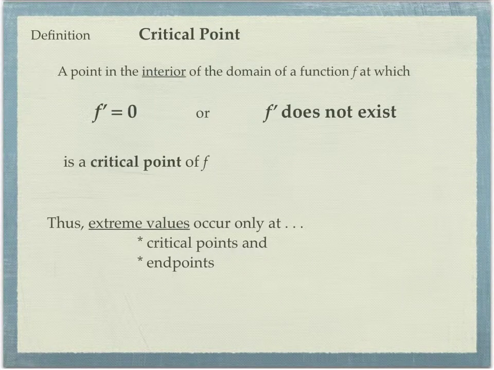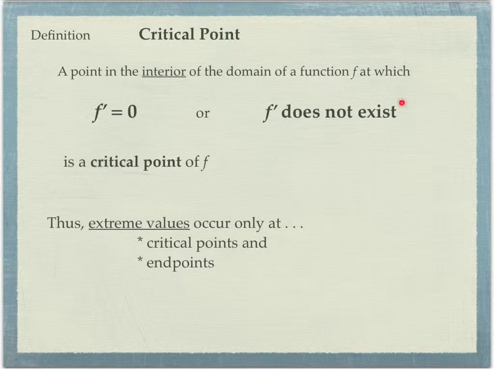All right, here's kind of an important terminology that we'll use quite a bit of, critical point. And again, I believe we did define this in pre-calculus as well. A point on the interior of the domain, so again, it has to be an interior point that we're talking about. And a critical point occurs there if the derivative is equal to 0 or the derivative does not exist.